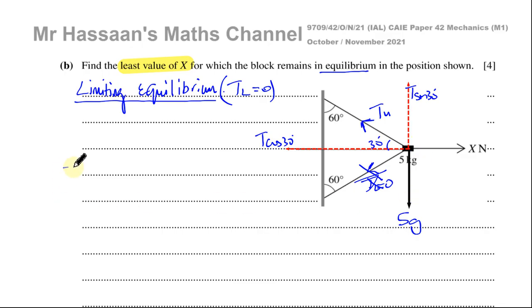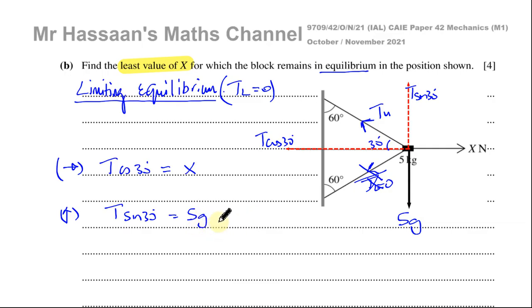So if we resolve the forces horizontally, we have t cosine 30 is equal to x. And if we resolve the forces vertically, we have t sine 30 is equal to 5g.